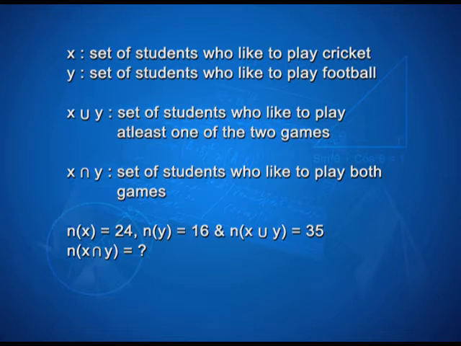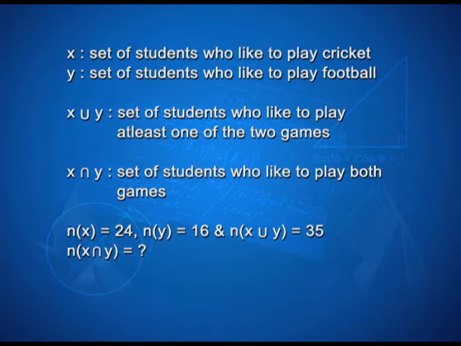Then according to the question, the number of elements in the set X is 24. That is, n of X is 24. And the number of elements in the set Y is 16. That is, n of Y is 16. Also, the number of elements in X union Y is 35. That is, n of X union Y is 35.